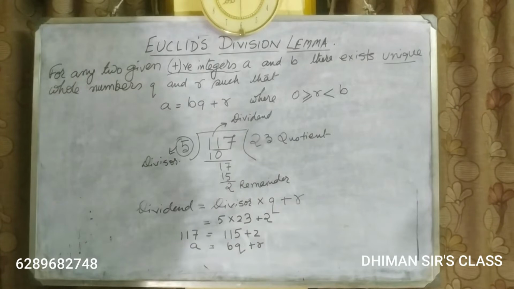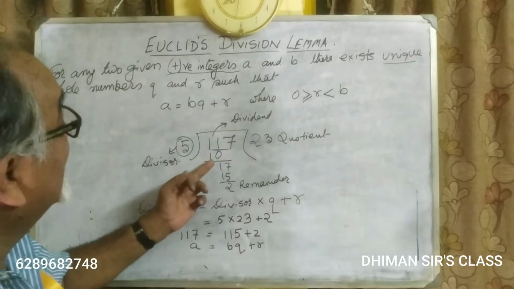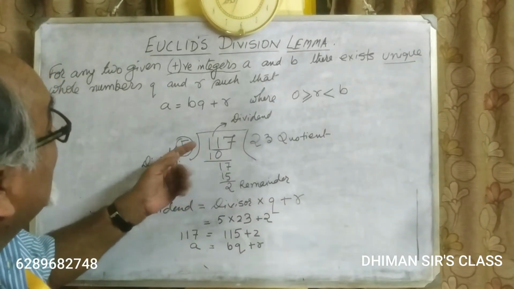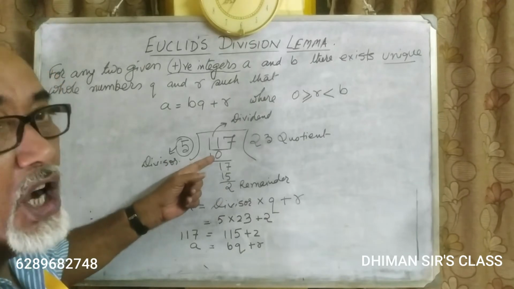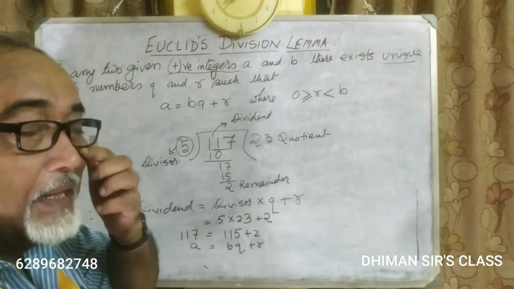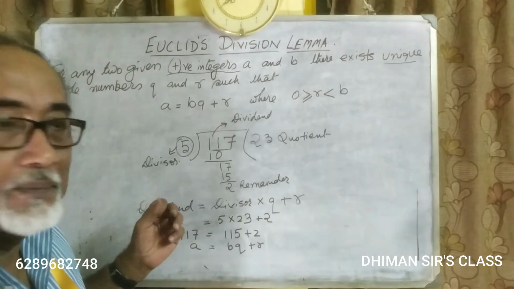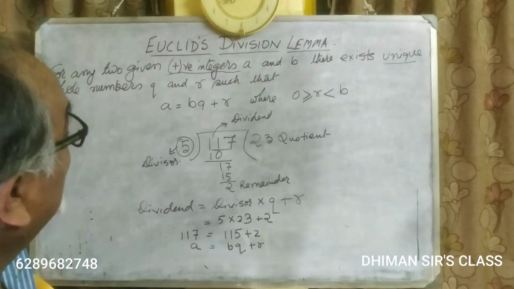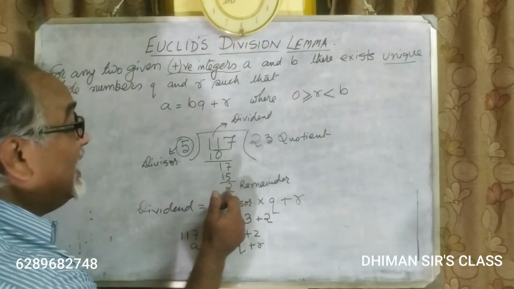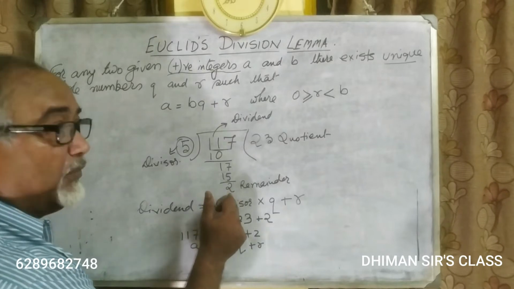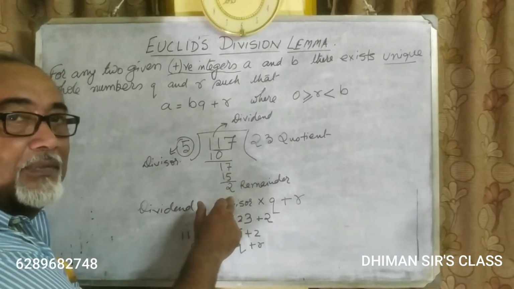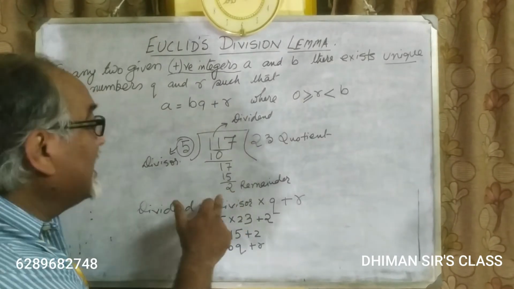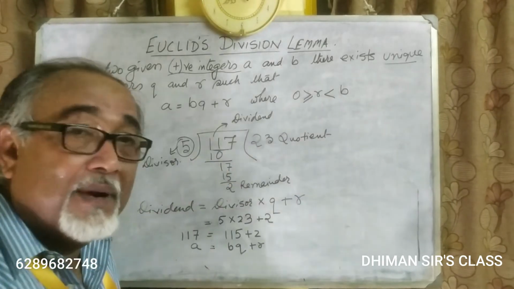Now, while explaining this division, I was telling you that the dividend should not be less than the divisor. So naturally, here, instead of 2, if it was 6, would you say that 6 would be the remainder?